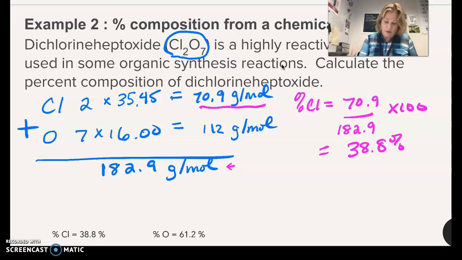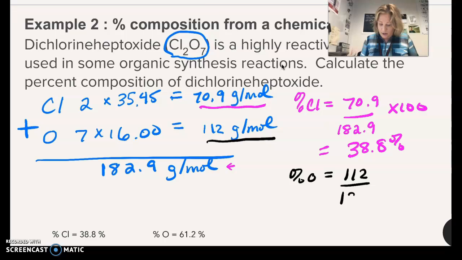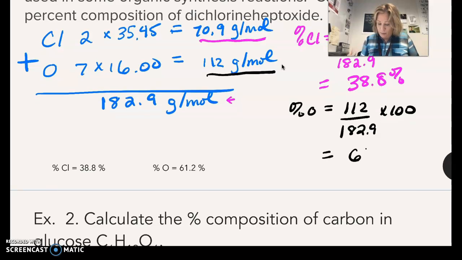Then I would want to do the oxygen, and again, that's why I did it this way, so I'd have it handy. So the mass of the oxygen over the molar mass of the whole compound times 100, and I get 61.2%. And the cool thing is you can check if these should add up to 100, and they do.